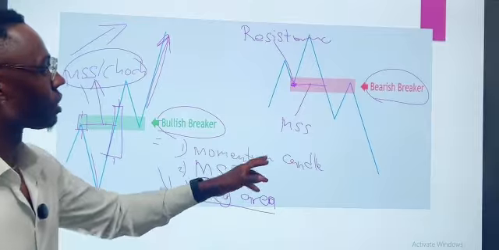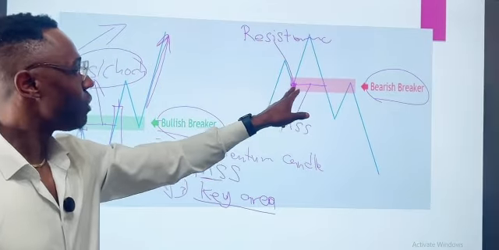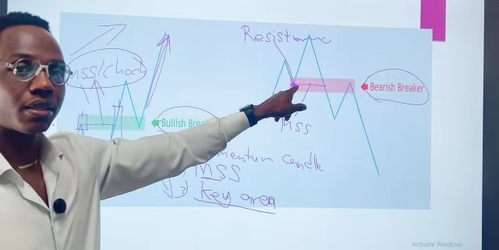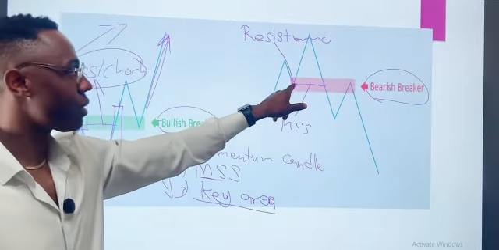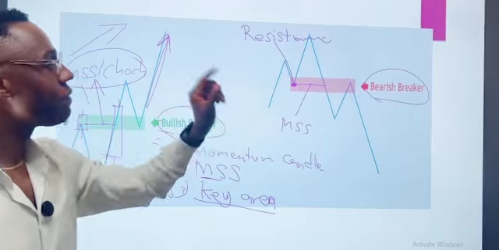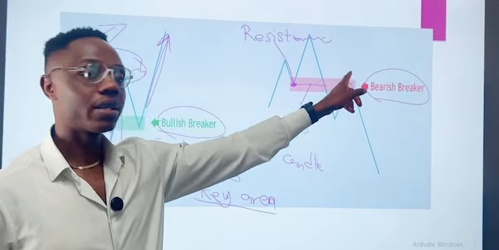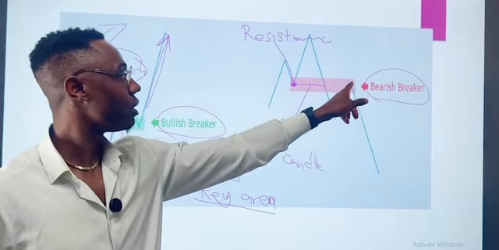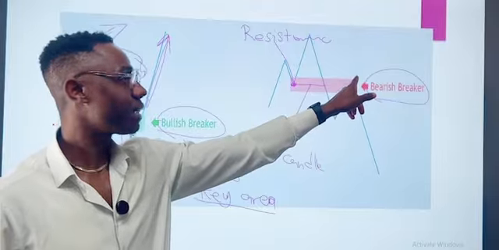Now we have this market structure shift, because the support level has broken, and if a support level breaks, it turns into a resistance. So definitely the price is going to reject here. If the price comes back, it's going to reject.